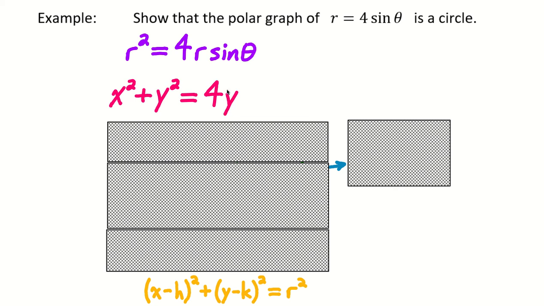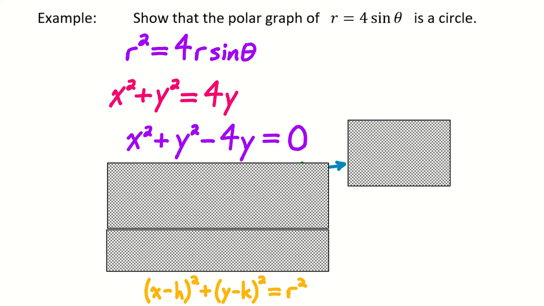We're going to move this 4y and hook it up with the y squared. Now we need to take this couple of terms and play around with it so that we can rewrite it as y plus or minus something in a bubble that's squared.